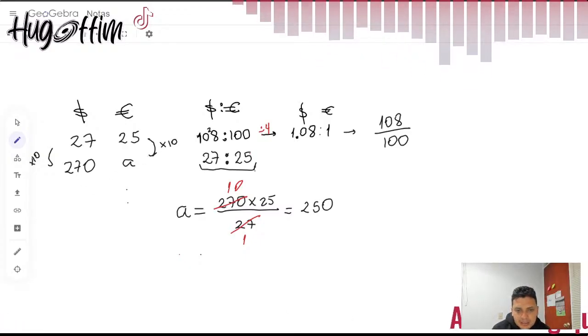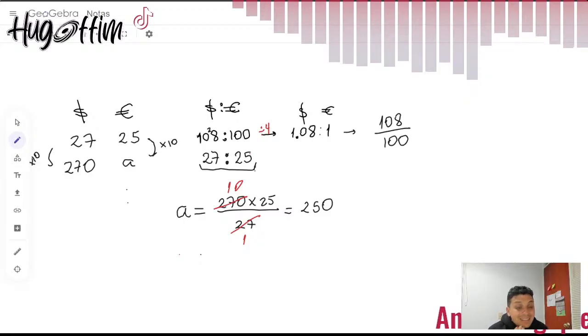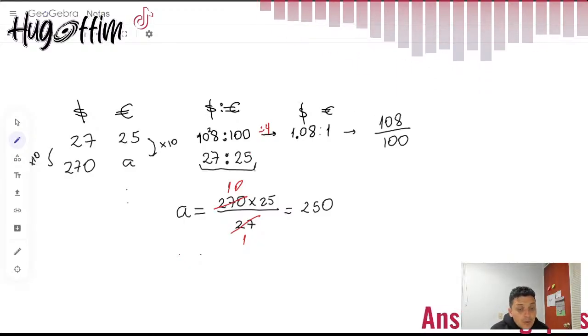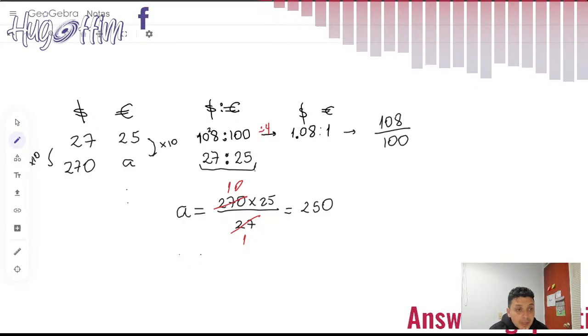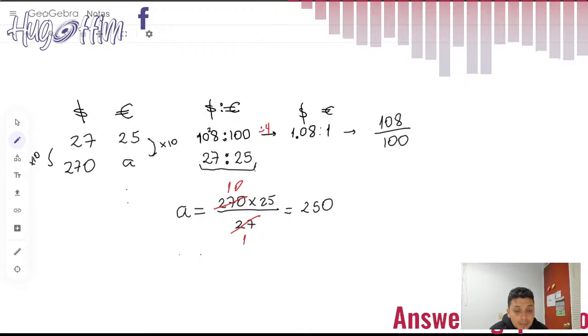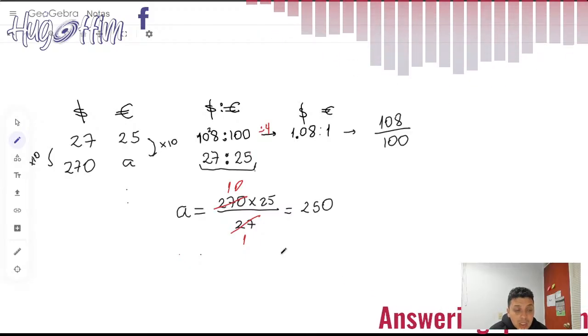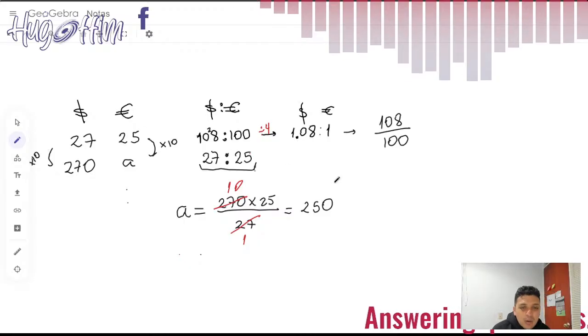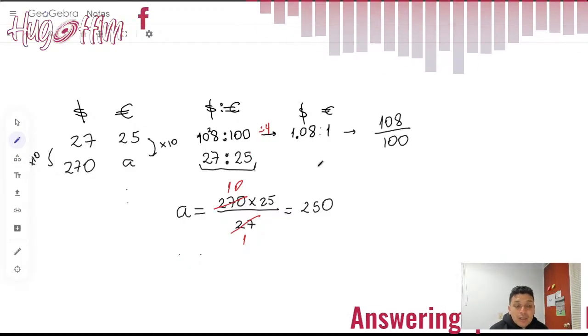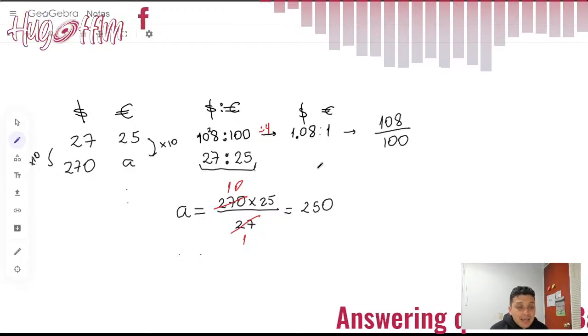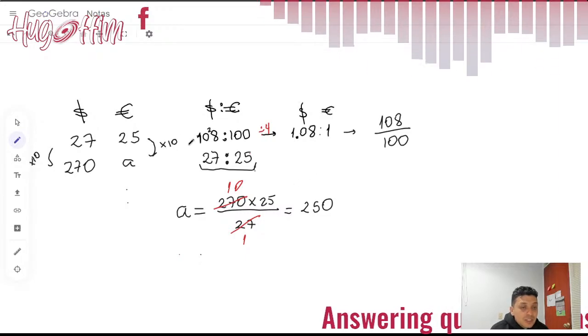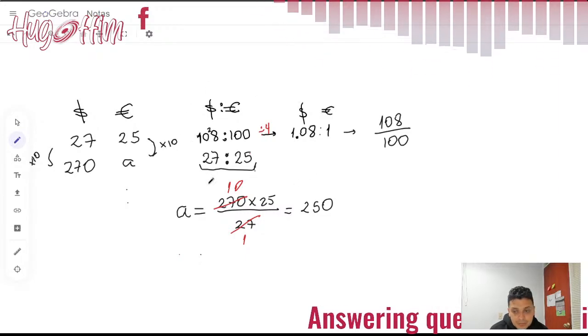Okay, that's it. And this is how you can compare prices, of course. If you want to compare prices, the question is how can I know if you have a better buy? What I suggest is to have the ratio, the unit rate.